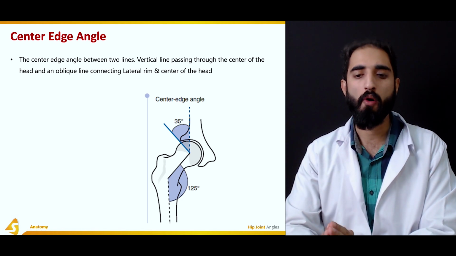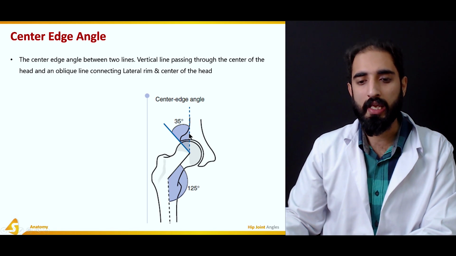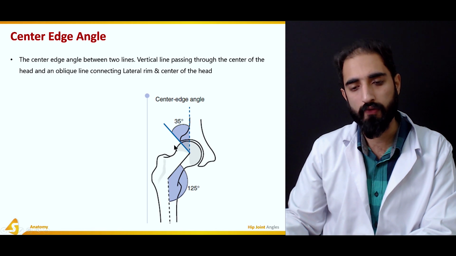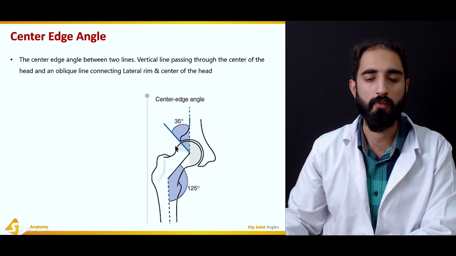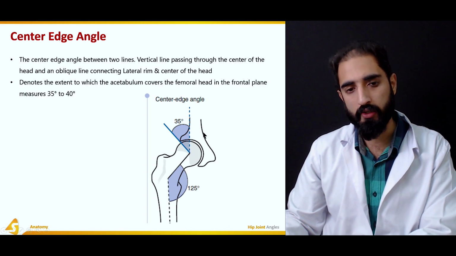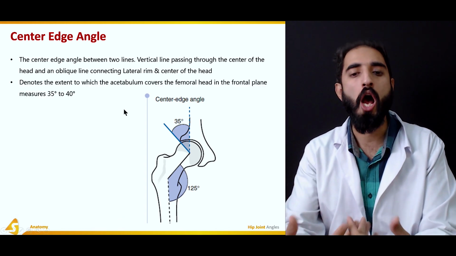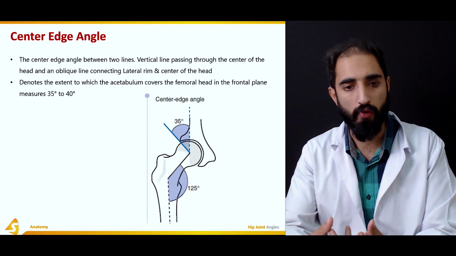Now, what is the importance of this angle? If this angle increases, this increases the coverage area of the femur by the acetabulum, and if this angle decreases, then there is more exposed surface of the femur upwards, which is not covered by the acetabulum. So in short, it denotes the extent to which the acetabulum covers the femoral head in the frontal plane.